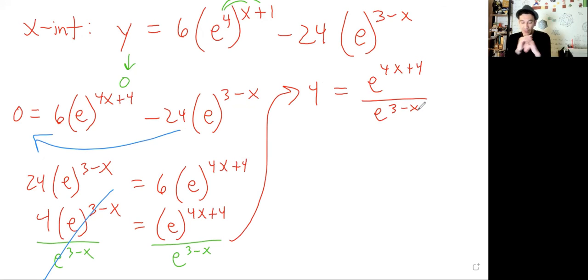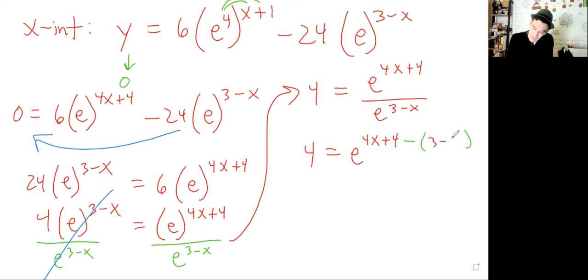And then 4 equals. Now what we can do is a couple of e's here can be combined into a single e, but you'd have to go the top power, and then you'd have to go minus the bottom power, which is 3 minus x. And so what you have to do here in purple is carefully distribute that negative 1.